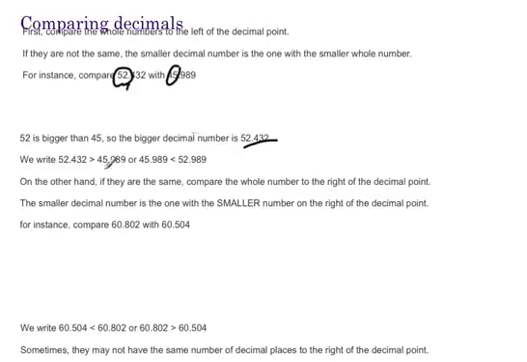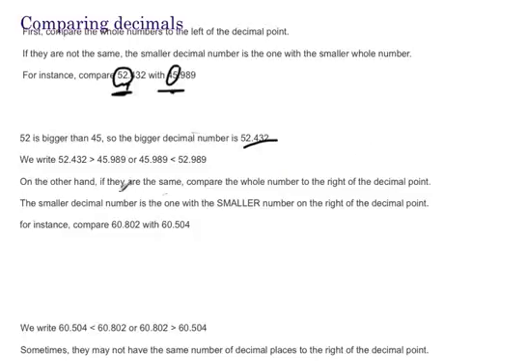Okay, so you would write it in this manner. 52 and 432 thousandths is larger than 45 and 989 thousandths. Or you could say 45 and 989 thousandths is smaller than 52 and 989 thousandths. Okay, so that's the first way. Look at the whole number to the left of the decimal.